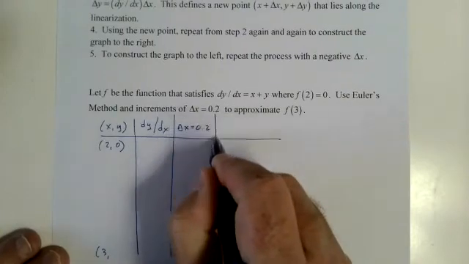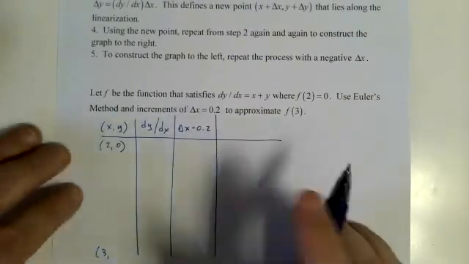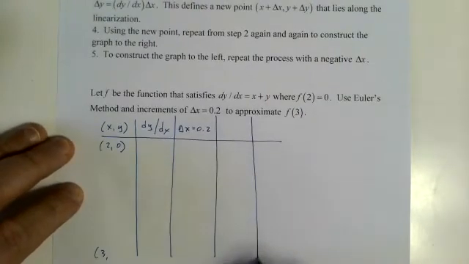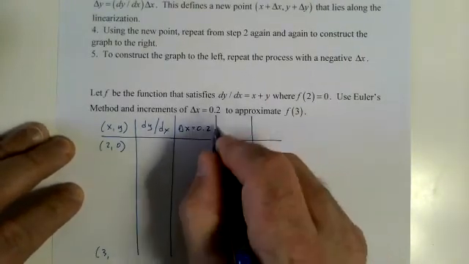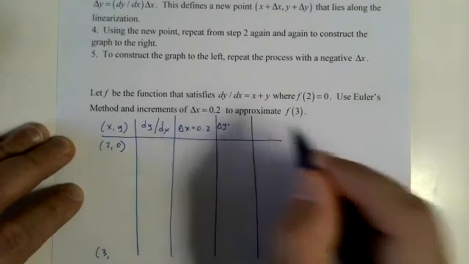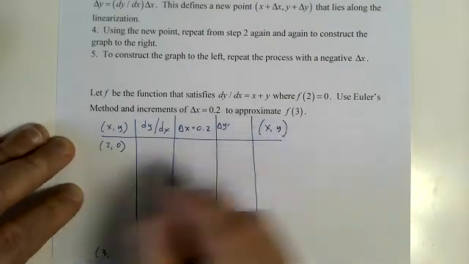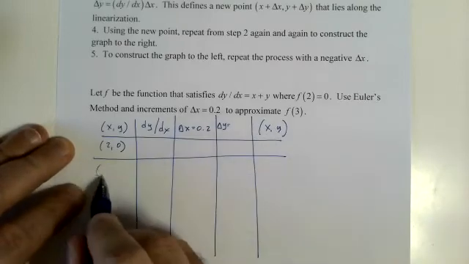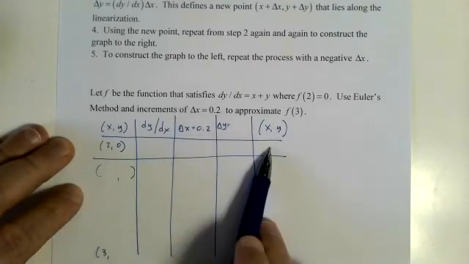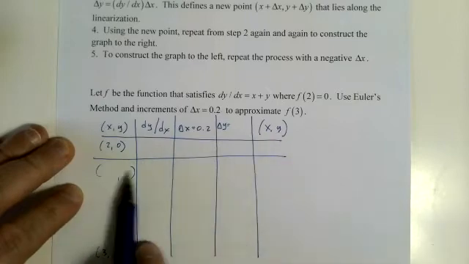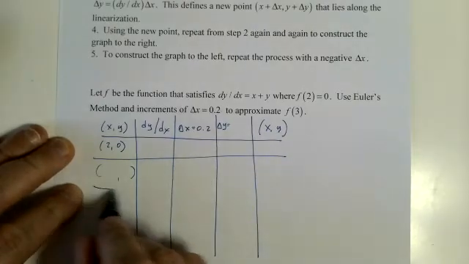By the way, when you see this on an AP test, the answer key will have done it differently. This is delta y here, and I'll show you how we get that in a minute. And here is your new x, y, which is going to end up right here. So we march along the slope curve, do it again, and so on.